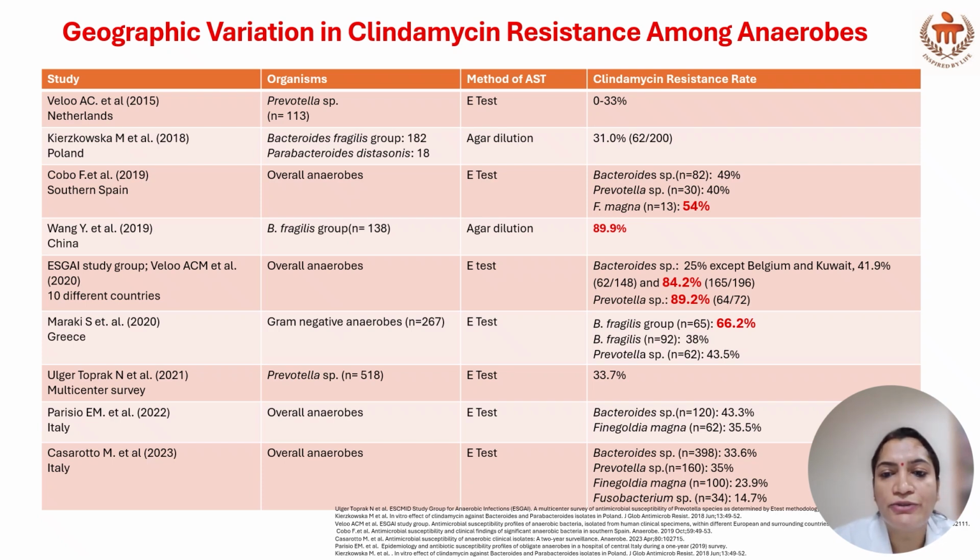Kuwait has also reported a resistance rate of 89.2% in Prevotella species. In Italy, the resistance rates range from 35 to 44%. Similarly, among all the isolates in southern Spain, Finegoldia magna was found to be 54% resistant to clindamycin.